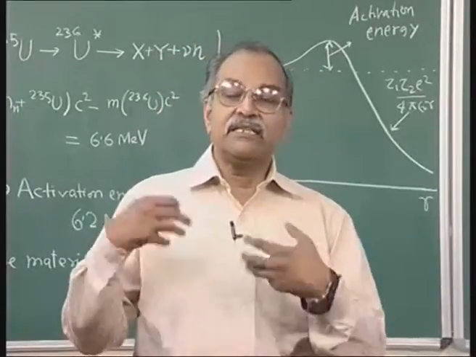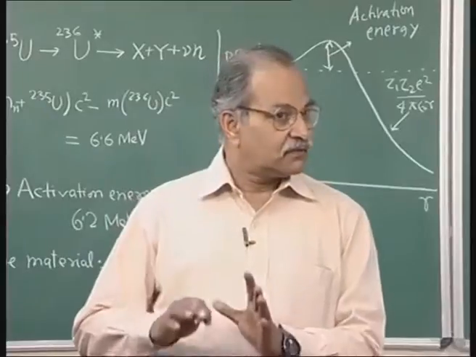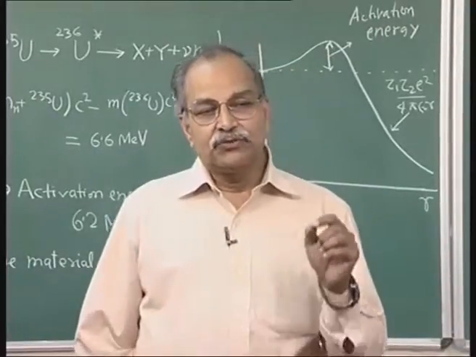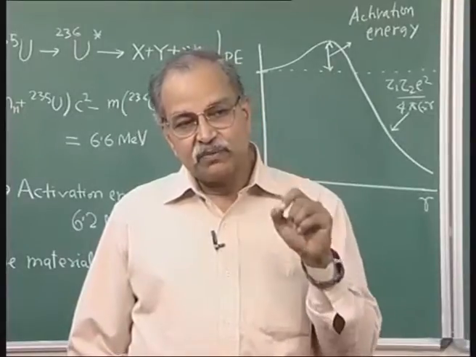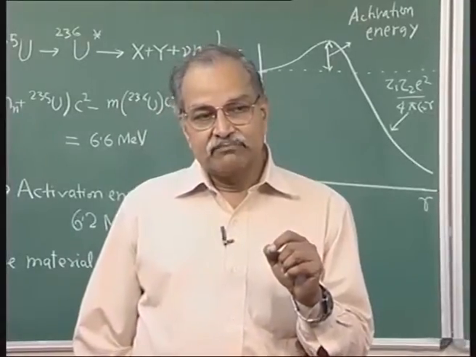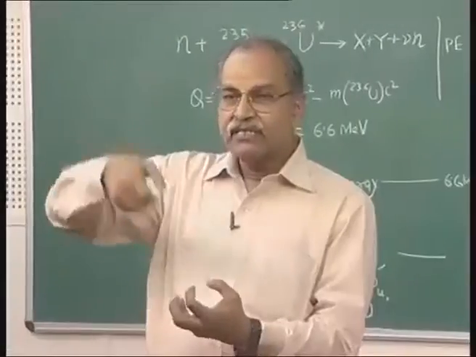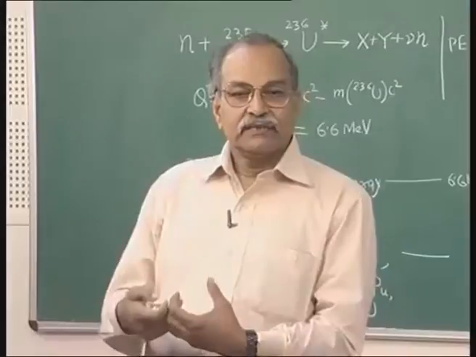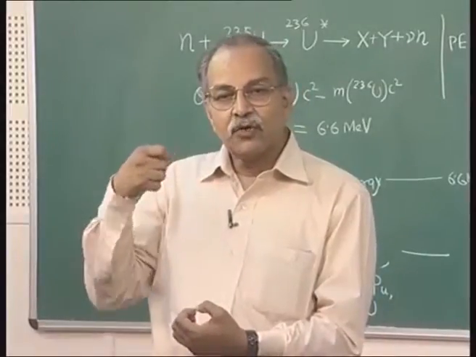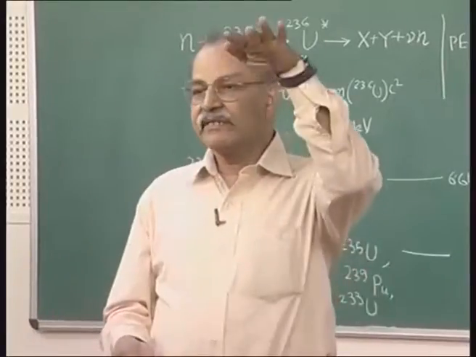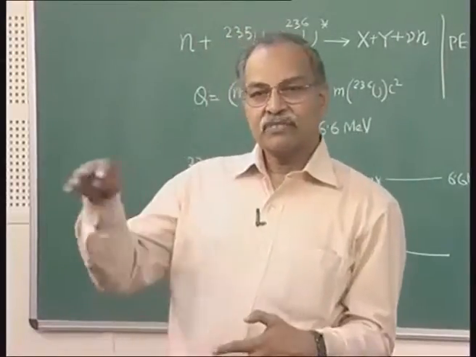Then radiative capture is a very important competing phenomenon. The neutron does get absorbed into the nucleus, but then it does not fission. The extra energy is lowered by emission of gamma rays. So, you have a nucleus in excited state, so it can always de-excite by emitting a gamma ray.